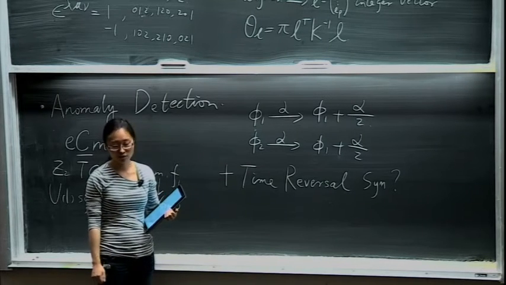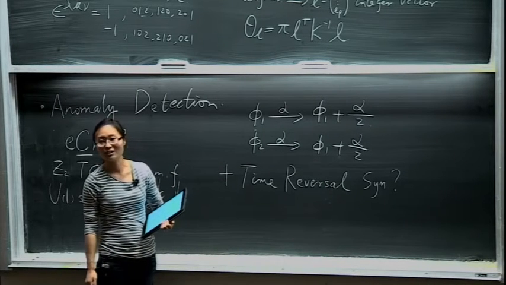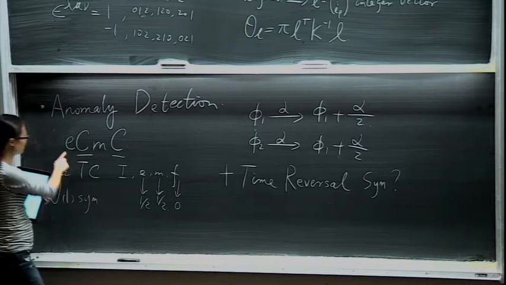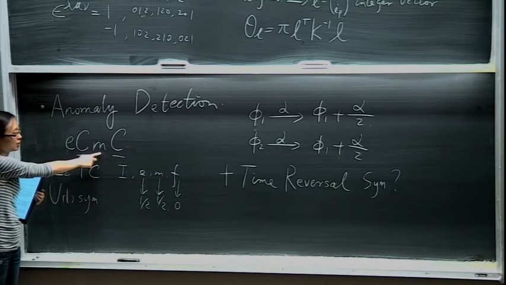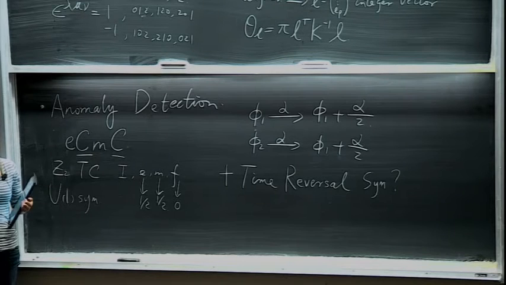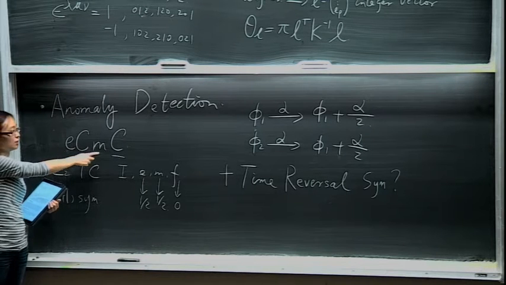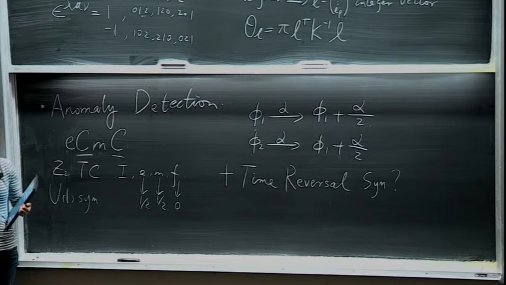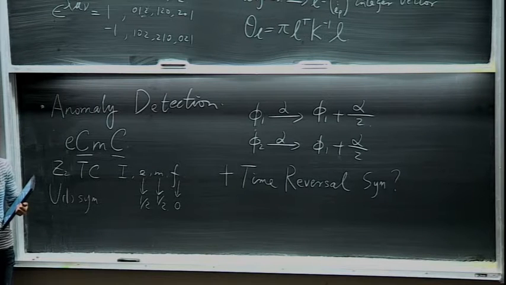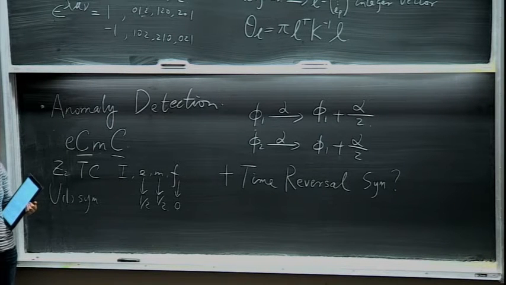So it's not obvious what time reversal does here, because this particle has half charge, this particle has half charge. If time reversal doesn't reverse the charge, then if I apply time reversal, this thing still has half charge, this thing still has half charge, right? There seems to be nothing wrong with adding time reversal symmetry to this fractionalization pattern.